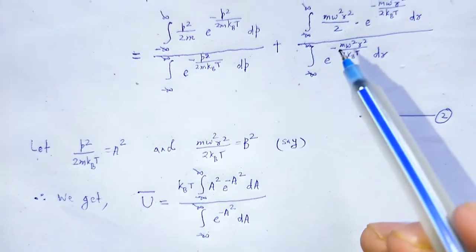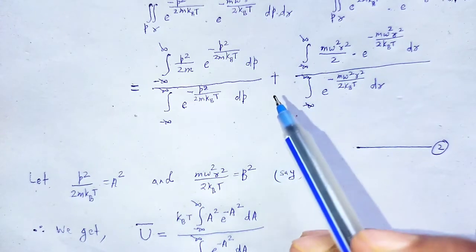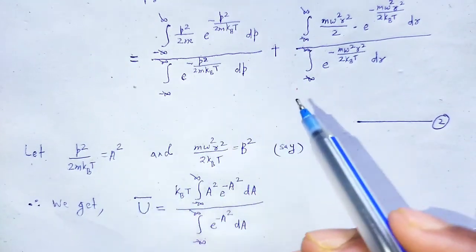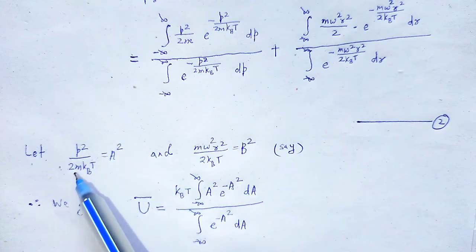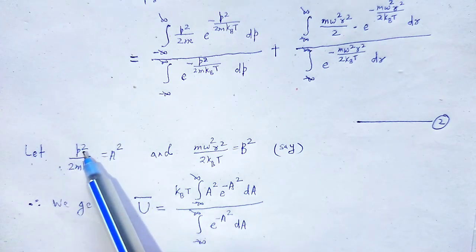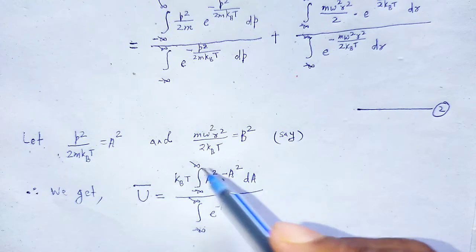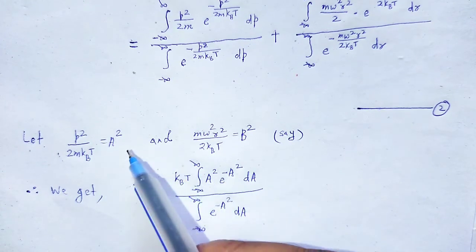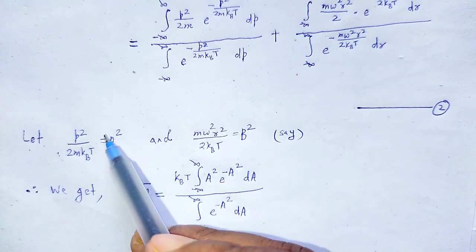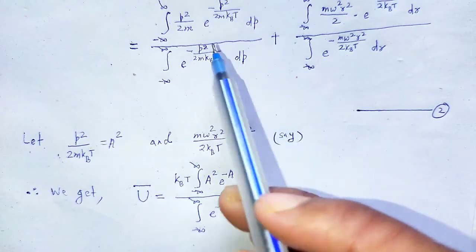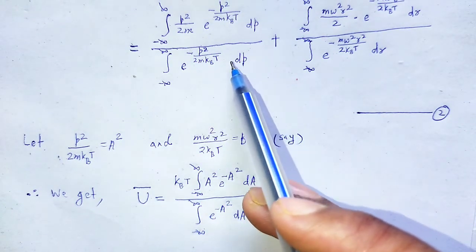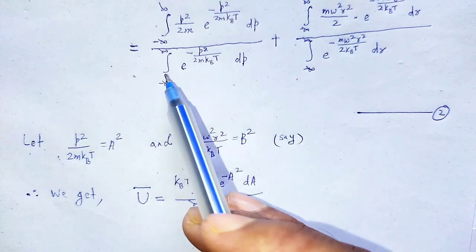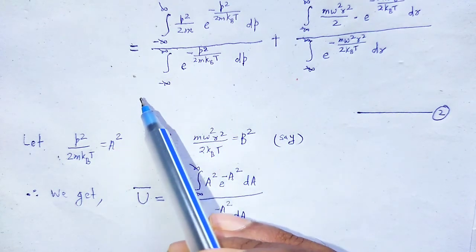Look at this. What is dp? If we differentiate that particular term, we obtain a term having dA and a constant. Again, in the denominator, in place of dp we have some constant into dA.